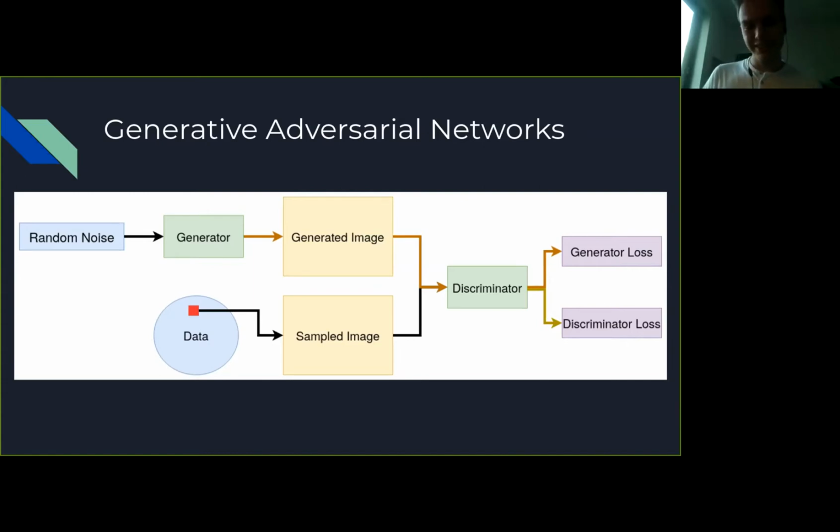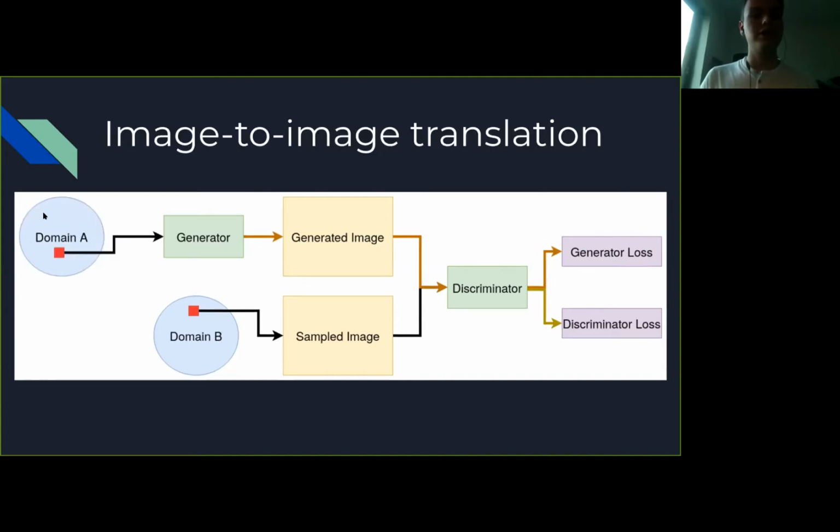So that's the basis, but that's not quite what I used for my thesis, because I don't want random noise vectors here. I want a domain here. So this is image to image translation, which means that I have an image from domain A and try to generate an image from domain B, and maybe also the other way around.